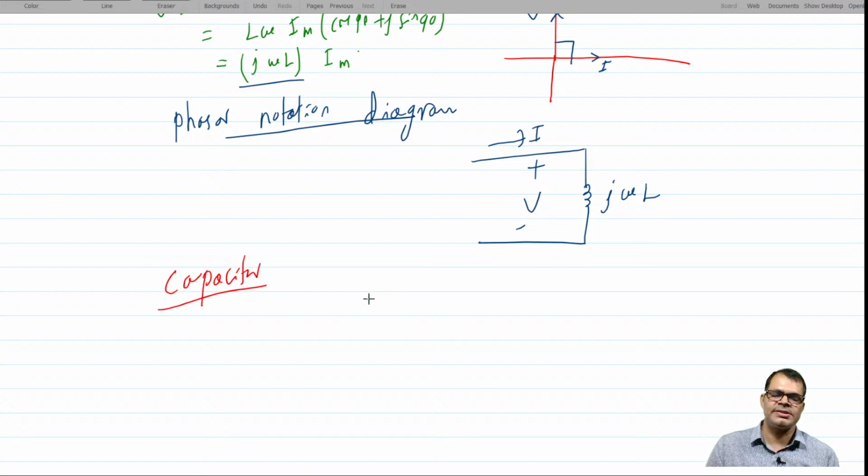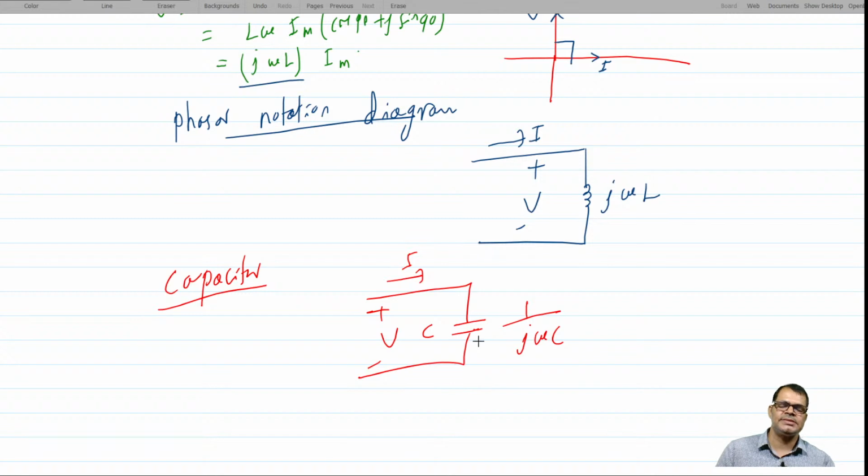Capacitor in phasor notation: with the same basic equation you can do it, and you should prove that a capacitor will behave like this. The impedance of a pure capacitor is 1 upon j omega C. Many times they will ask what omega L is.